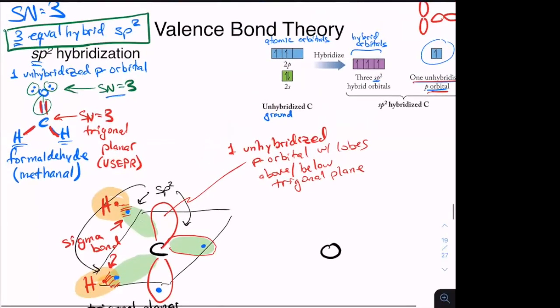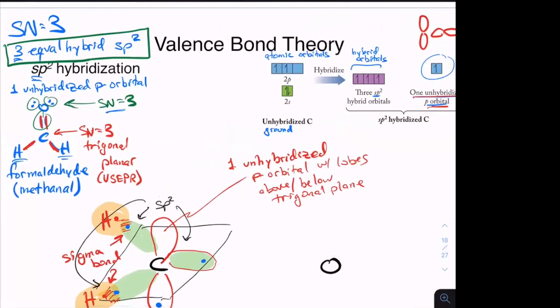In fact, here's a little hint: the SN number will always match the number of hybrid orbitals you have. SN4, we had 4 sp3 hybrid orbitals. With SN3, we have 3 sp2 hybrid orbitals. Yeah, it can get confusing. That's why I tried to say that real slow.